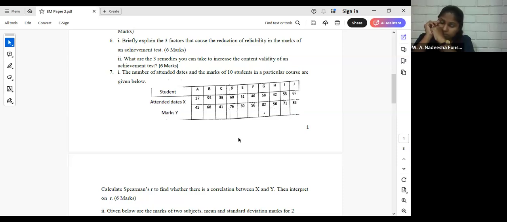When attended dates are increasing, marks should increase. Then you have to calculate R and take the R value. Most probably it is nearly 1. So based on that, you have to interpret your answer.